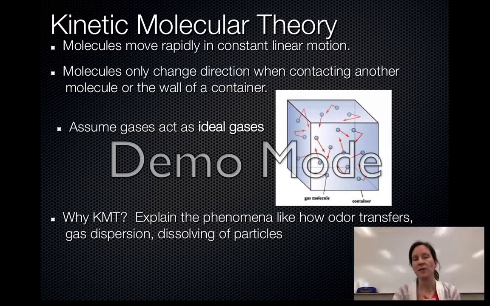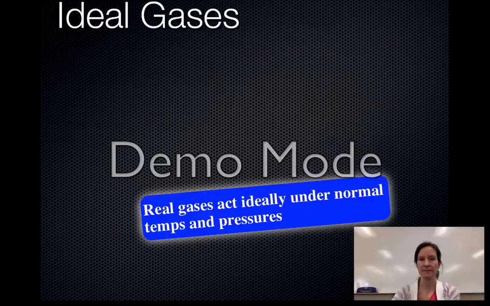Okay, so the kinetic molecular theory really applies to any state of matter, but because gases are in so much motion, we usually talk about it in relation to that. Now the third part, gases act in an ideal fashion, you have to be able to know what that means. Okay, so the kinetic molecular theory is three pieces. They move straight, they hit stuff, and they act ideal.